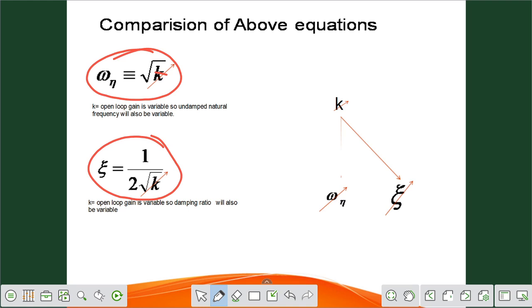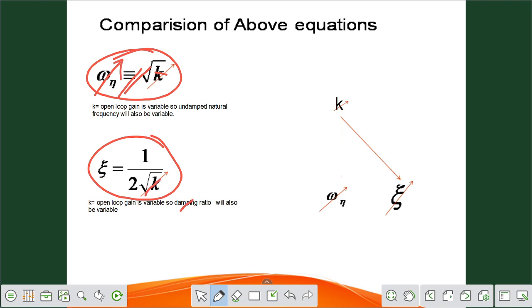The root locus diagram always describes the path of closed loop transfer function poles with the help of the open loop transfer function, where the open loop gain varies from 0 to infinity. This is the open loop gain, which is a variable here. If K is variable, if open loop gain is variable, the natural frequency is also variable.